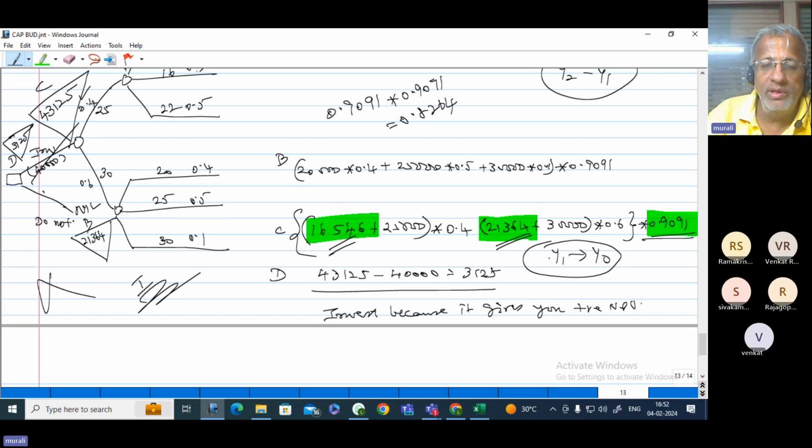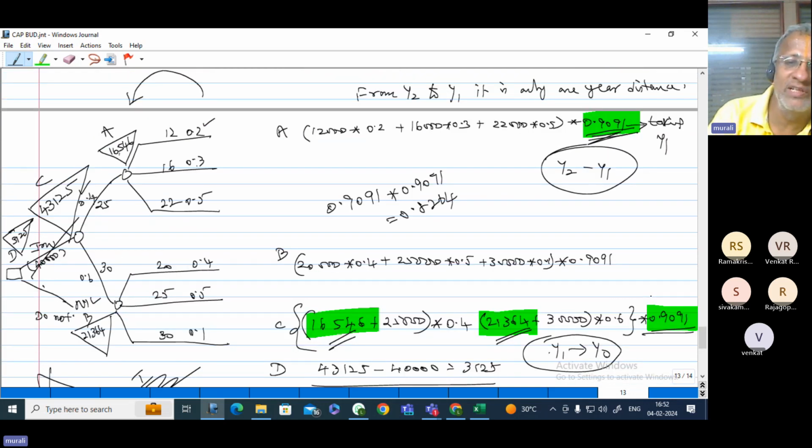If you are a little careful in handling this 0.9091 two times, when you are traveling from year 2 to year 1, you got to be very careful. There you cannot be multiplying it by 0.8264. You have got to do it two times. That is the only extra thing you need to keep in mind, and the rest of the computation you can do with your calculator.